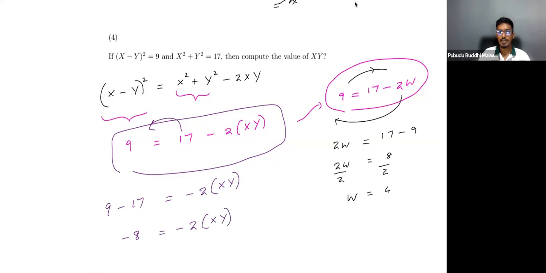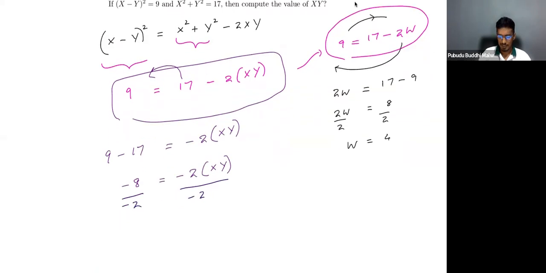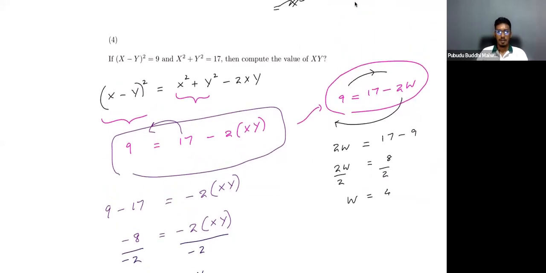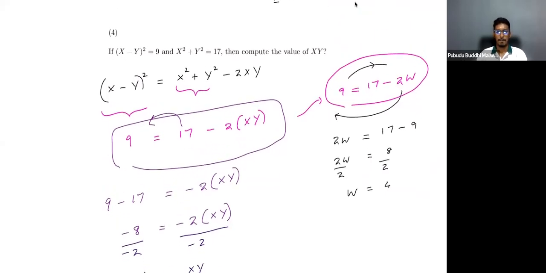Now I think we can divide both sides by minus 2 because we need xy, not just x or y. We need that entire thing. So divide both sides by minus 2. That's the xy value, 4. Okay, very important concept.